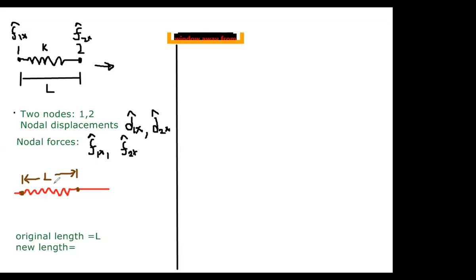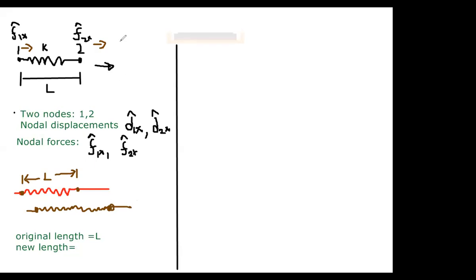So this is the original length, and when you apply the forces F1x and F2x, the spring will go through some displacements D1x and D2x. So let's suppose the new location of the spring is like this. So this is now our spring after loading the forces.